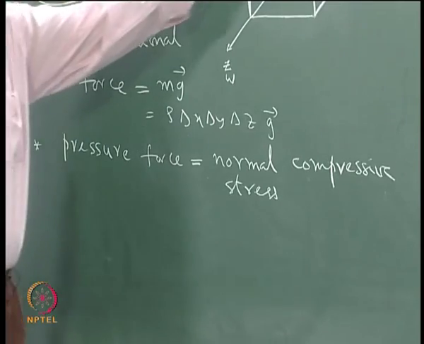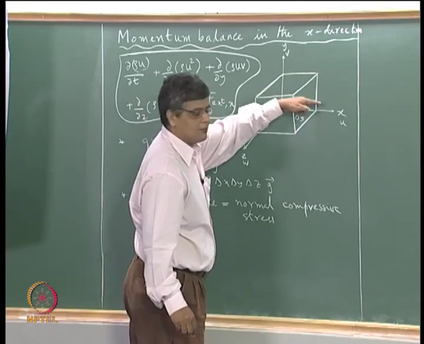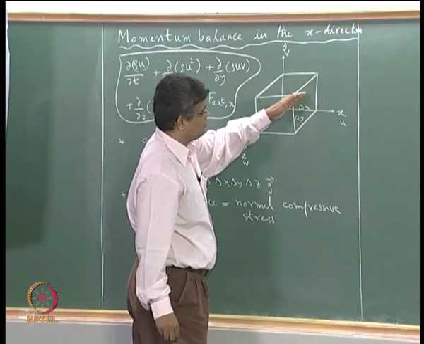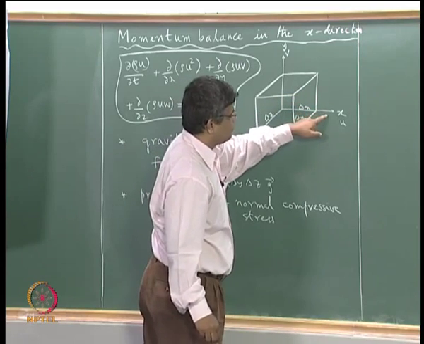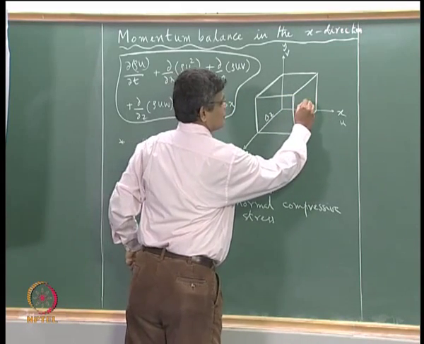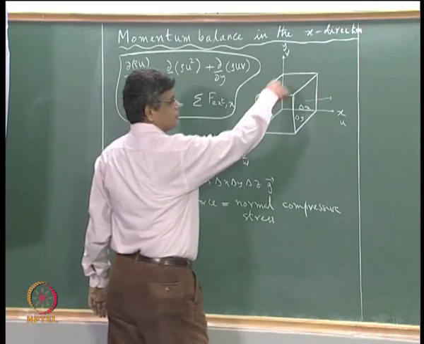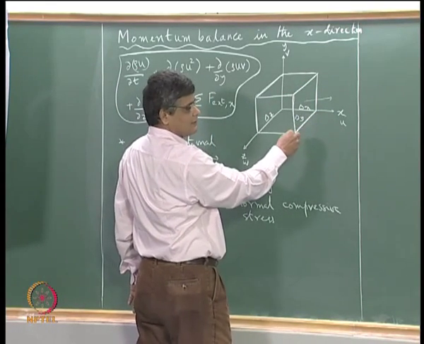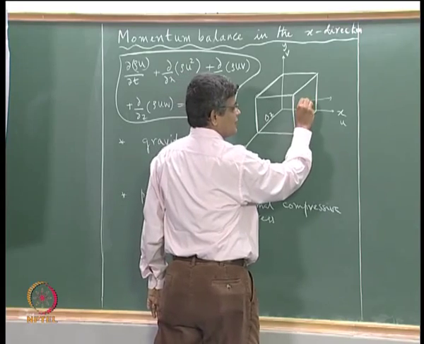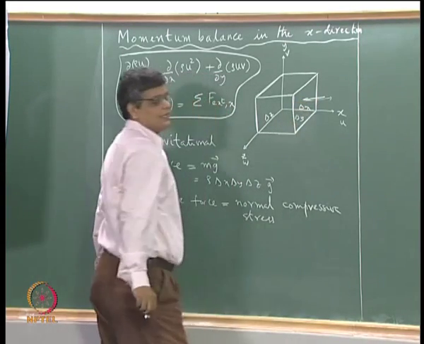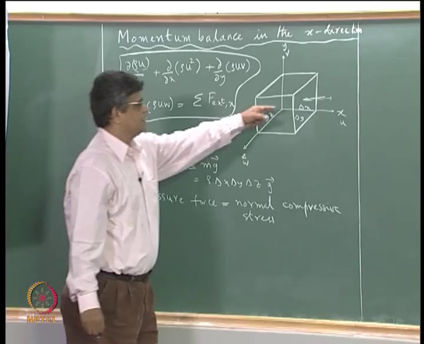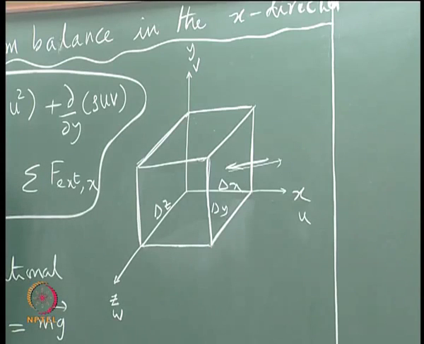If we imagine this particular plane, which has an outward normal vector oriented in the positive x direction, then the fluid external to this control volume will be exerting a compressive stress acting in the opposite direction along the same outward normal vector.